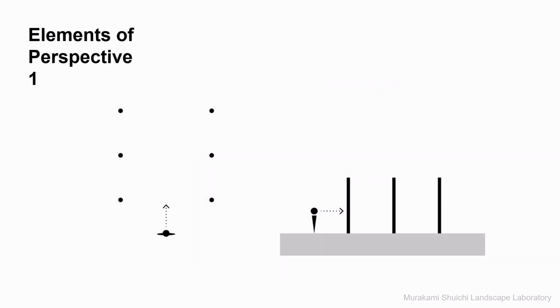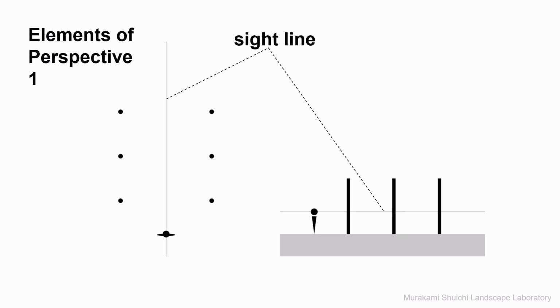When drawing a perspective or looking at one, it is important to keep the basic elements clearly in mind. Viewpoint. Its position is determined by horizontal and vertical distance from the object and by orientation. Sight line.